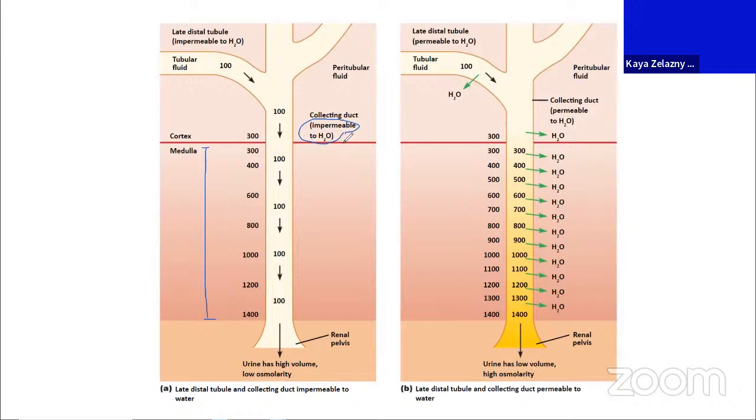But in the nephron, it's really important that we do have substantial portions of this structure that are not permeable to water unless we do something about it. So that's what we were setting up to understand the action of antidiuretic hormone.